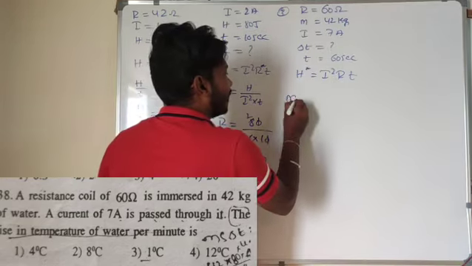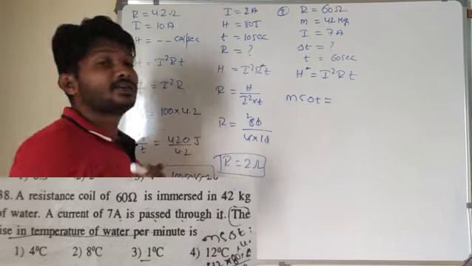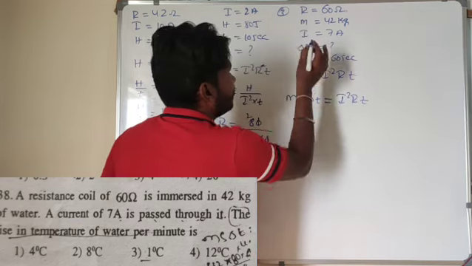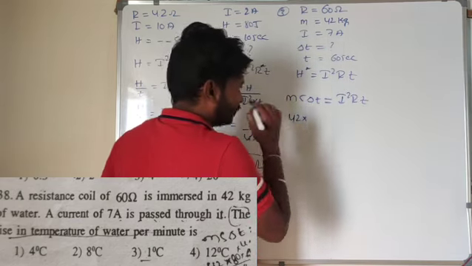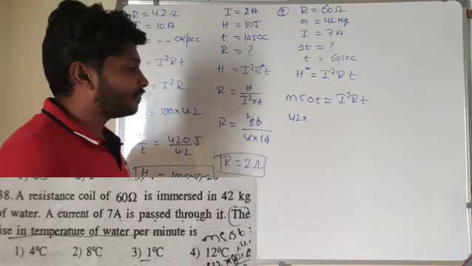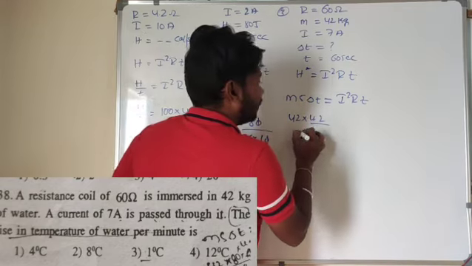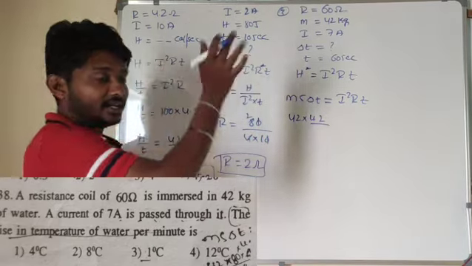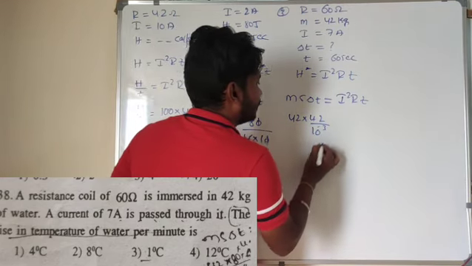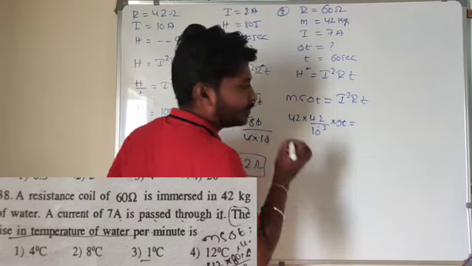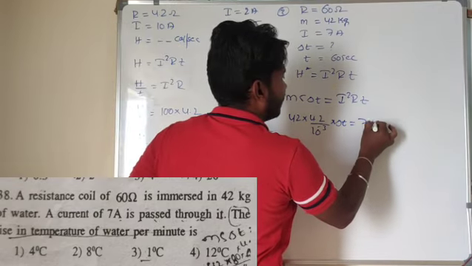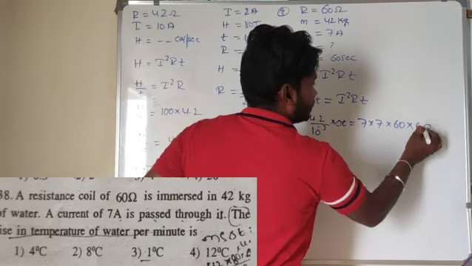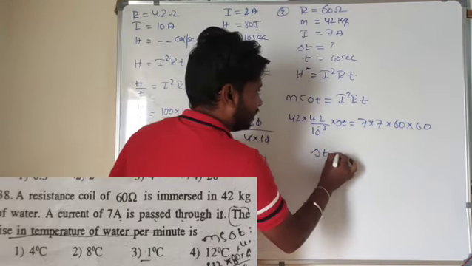Wherever H is there, I can take M into S into delta T, from the specific heat concept, equal to I square R into T. The mass of the water is 42. The specific heat capacity of water is 4.2, calorie per gram, so in terms of kg that is 10 to the power of minus 3. Delta T value is yet to be determined. Current I square is 7 into 7, resistance value is 60, and time per minute means 60 seconds. So delta T is equal to what?